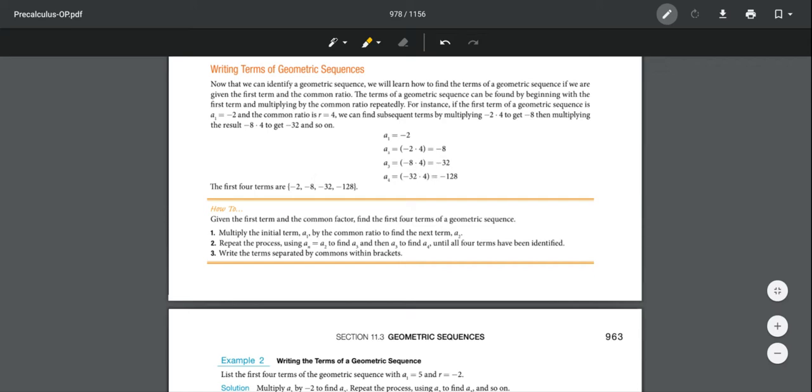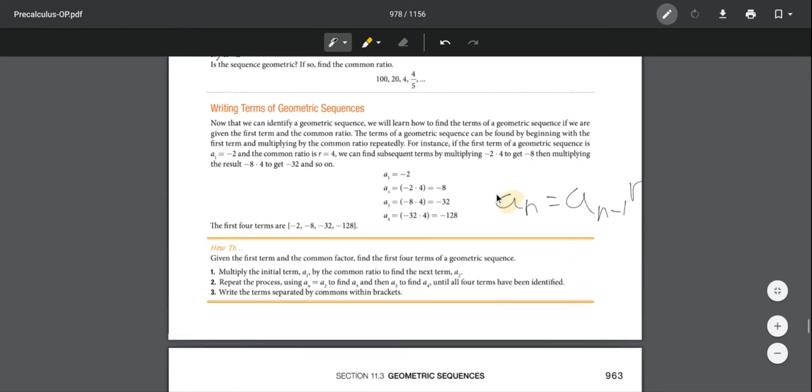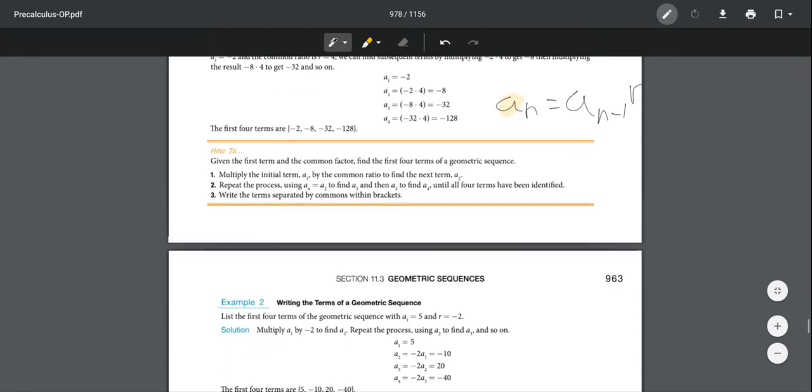So our recursive formula is going to be a_n equals the previous term times r. So pretty straightforward, just the previous term times r, and that'll give you your next term. So that's the recursive formula.